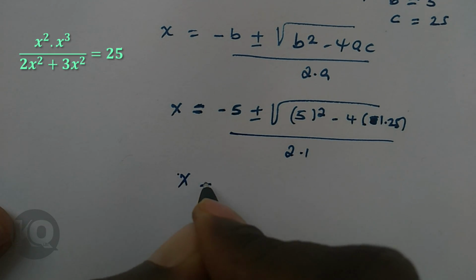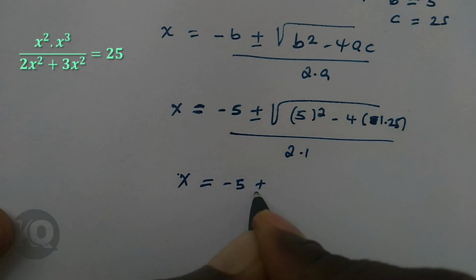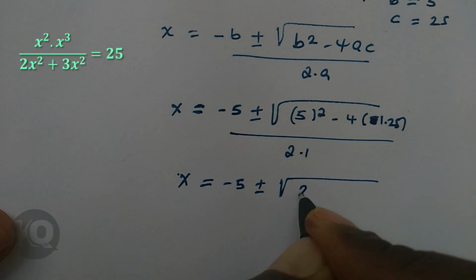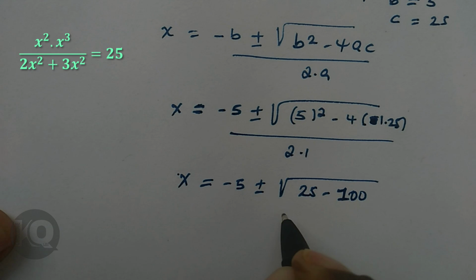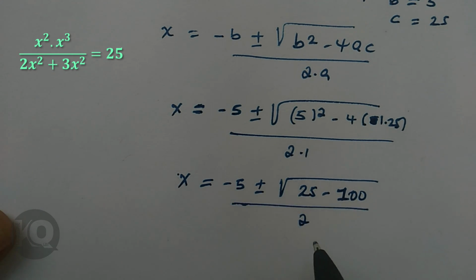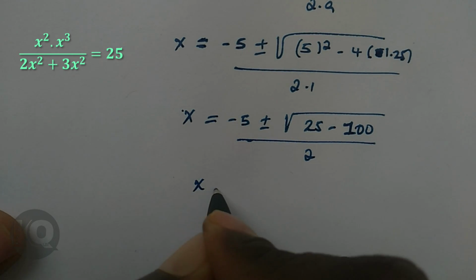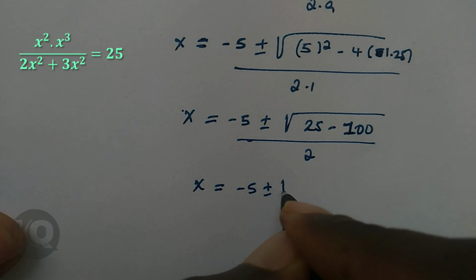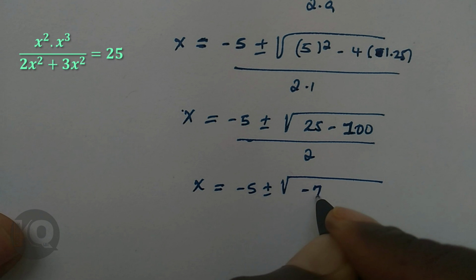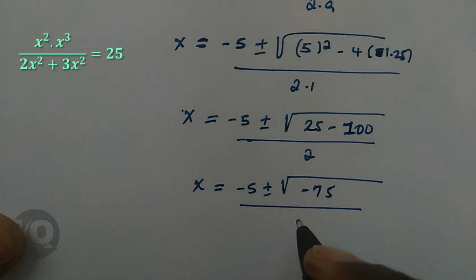So x is equal to minus 5 plus or minus the square root of 25 minus 100, divided by 2. So x is equal to minus 5 plus or minus the square root of minus 75, divided by 2.